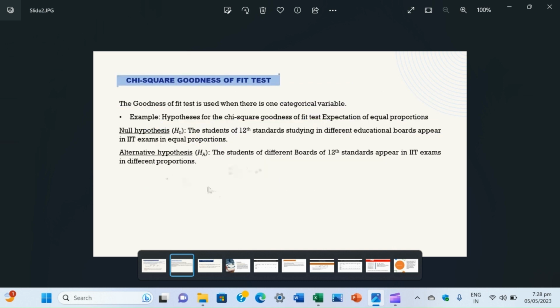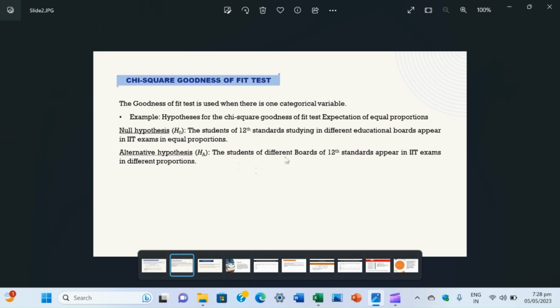Similarly, in another example, the null hypothesis will be that the students of the 12th standard studying in different educational boards appear in IIT exams in equal proportions. And the alternative hypothesis will be that the students of different boards of the 12th standard appear in IIT exams in different proportions.